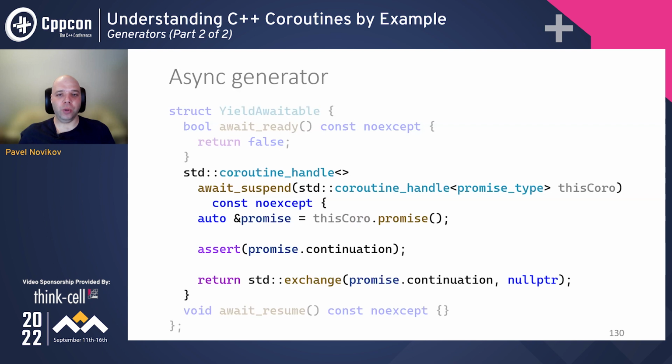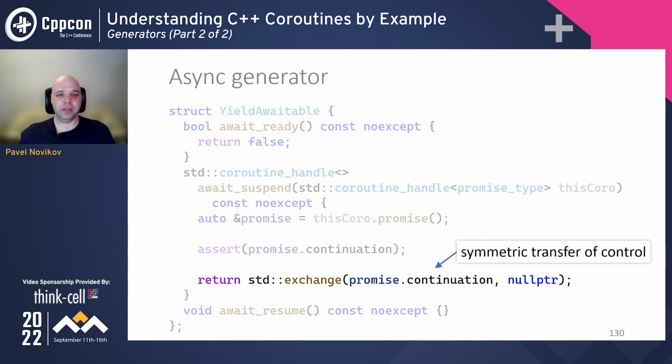Await suspend is called when the coroutine, in this case, generator coroutine is suspended. Here we again use symmetric transfer of control, and to preserve correctness, we have to reset the continuation to null.